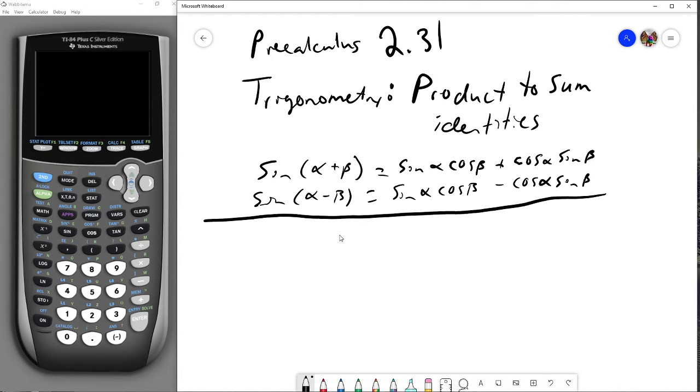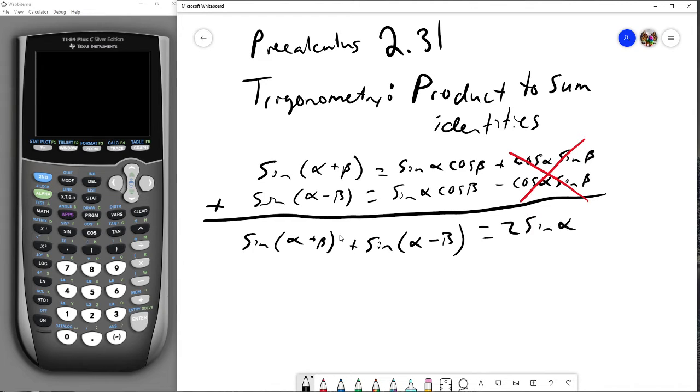So we'll draw us a nice big line. Everything on the left is going to be added together. Everything on the right is going to be added together. And notice all of these terms here will kill each other off. So you have sine of alpha plus beta plus sine of alpha minus beta on the left side equal to 2 copies of sine alpha cosine beta.